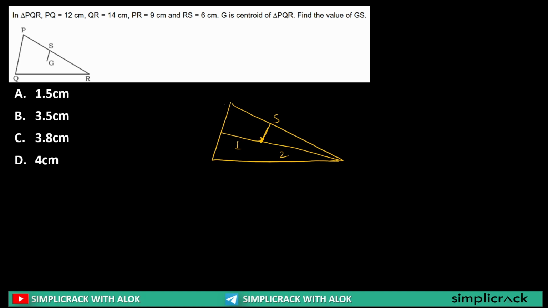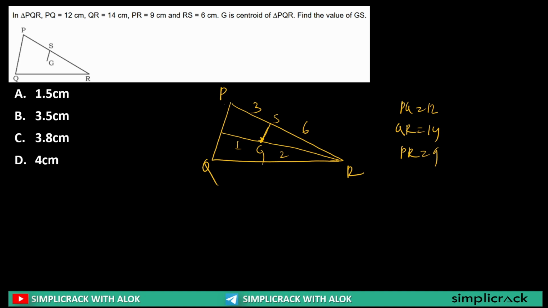Now it is saying this is a triangle P, Q, R, with S and G. PQ is equal to 12, QR is equal to 14, PR is equal to 9 and RS is 6. That means this is 3.